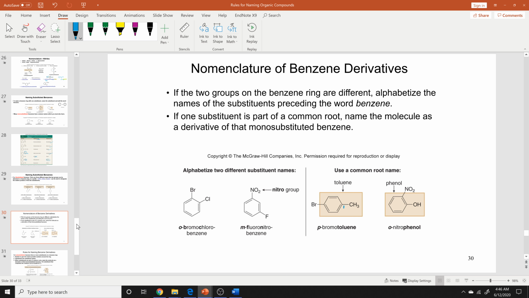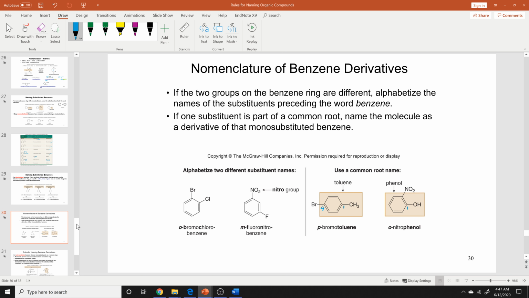Now, since the bromine is specifically on carbon number 4 of the cycle, in this case I need to label those two as para substituents on the benzene. A para substituent on the benzene again is whenever positions 1 and 4 are occupied.